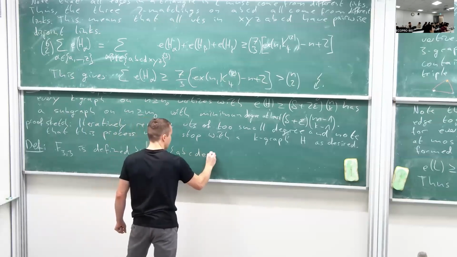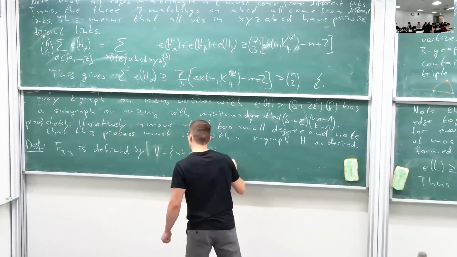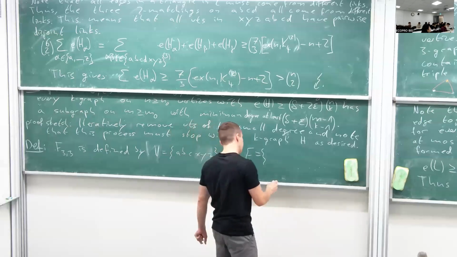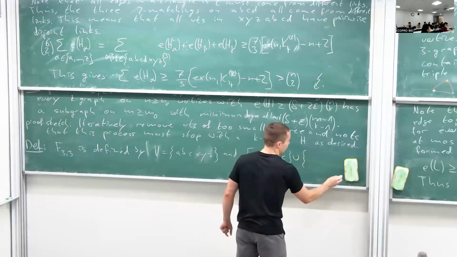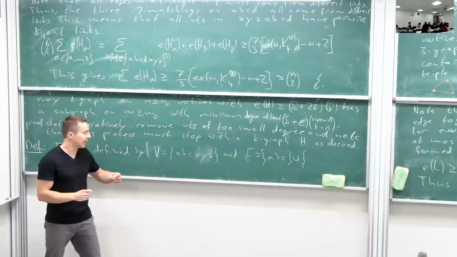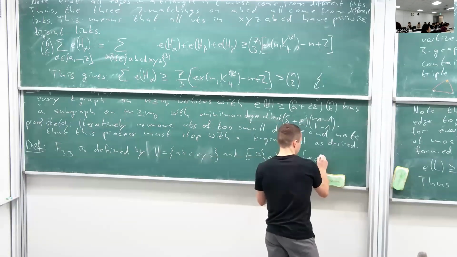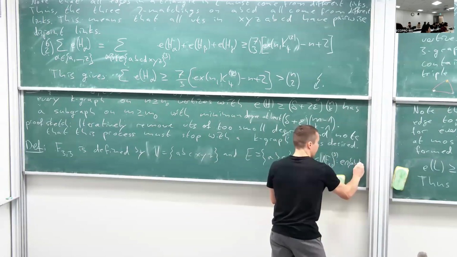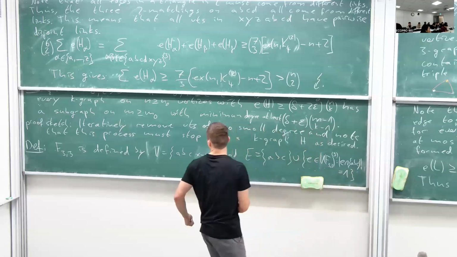A, B, C, X, Y, Z. And the edge set is, on the one hand, our ABC, and then on the other hand all 3-edges which intersect ABC in one vertex. Okay, so how does this one look like?